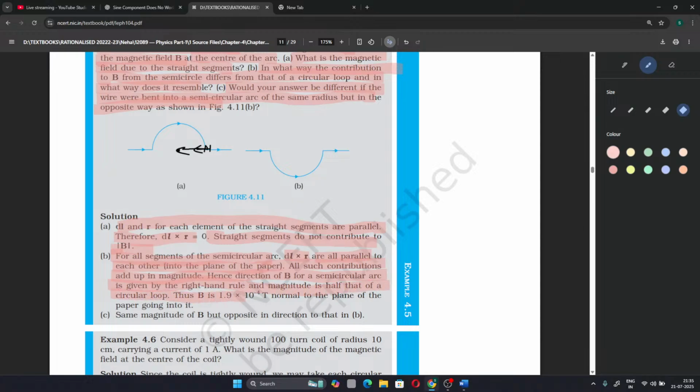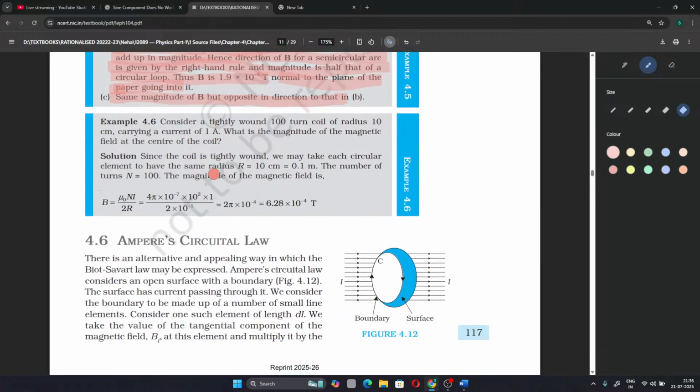Thus B is 1.9 into 10 power minus 4 Tesla, normal to the plane of the paper going into it. Here the direction will be normal to the plane of paper. Same magnitude of B but opposite in direction. In this case, for this diagram as well, same in magnitude but the direction will be opposite.